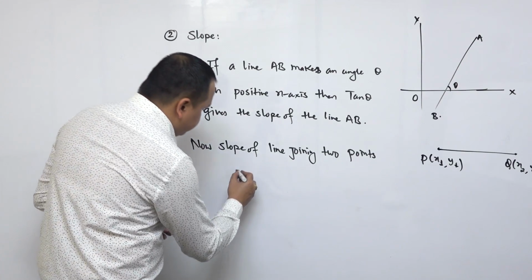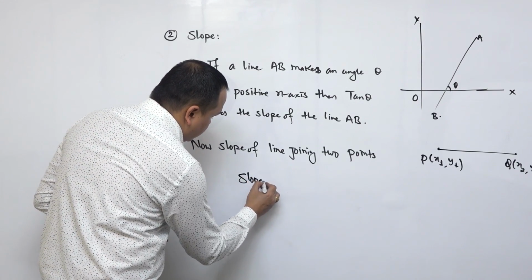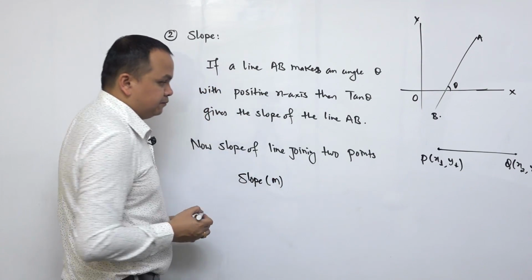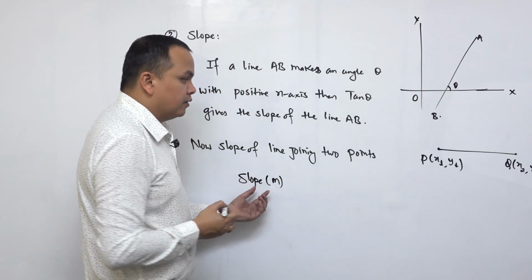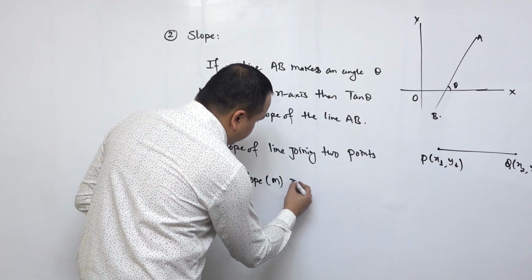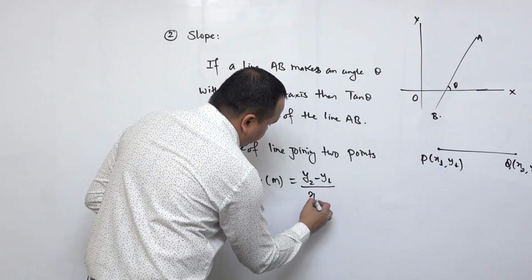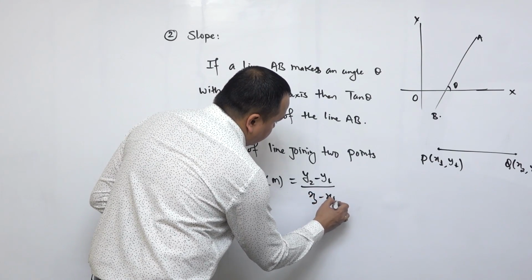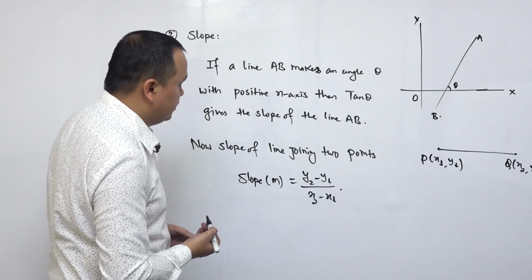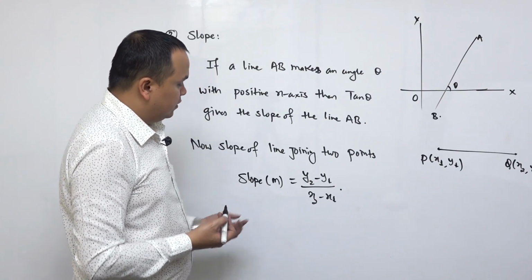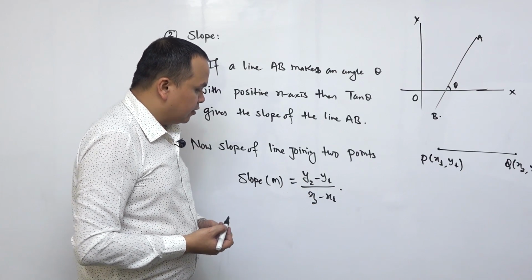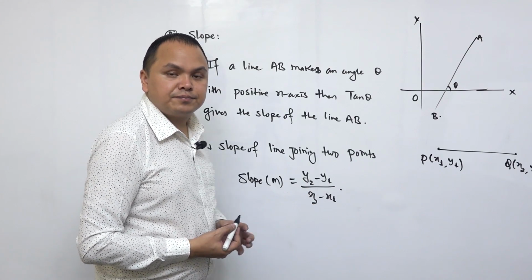The slope is denoted by m. The slope of PQ is y2 minus y1 divided by x2 minus x1. Slope m is equal to y2 minus y1 upon x2 minus x1.